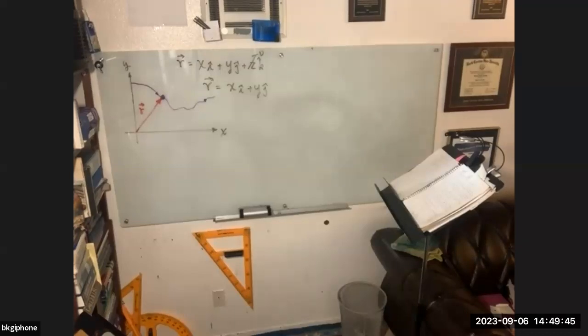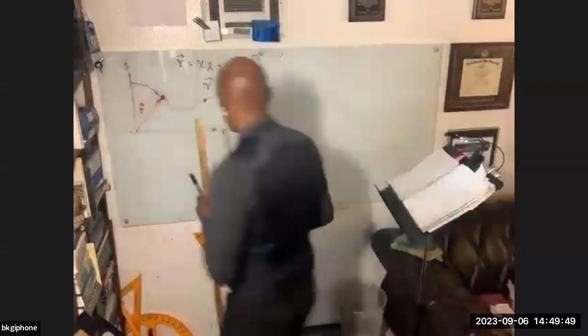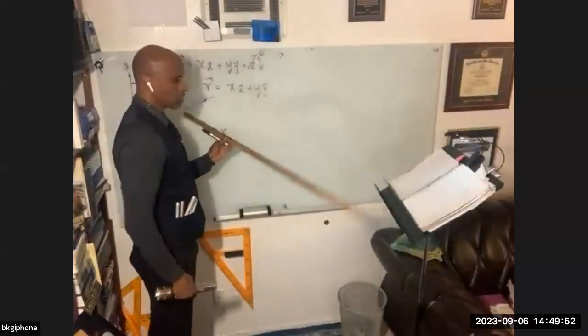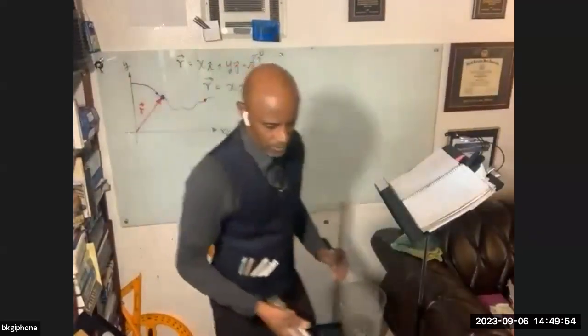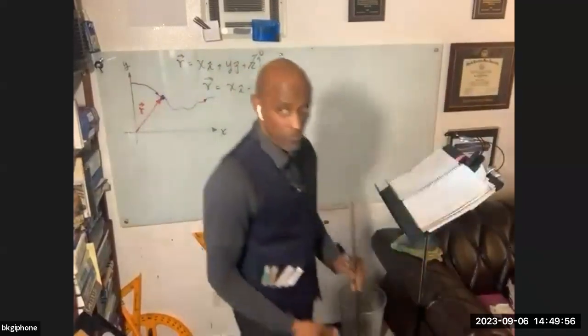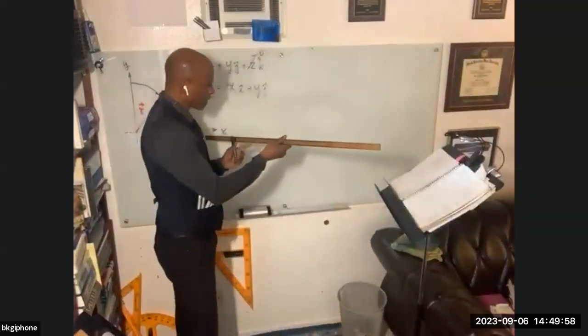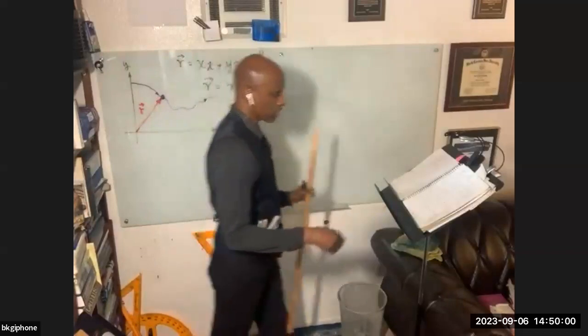And that'll make these vectors here make a little bit more sense. Actually, I don't need a flashlight. I can just use the light that I'm using for the board. You can kind of see the shadow there.